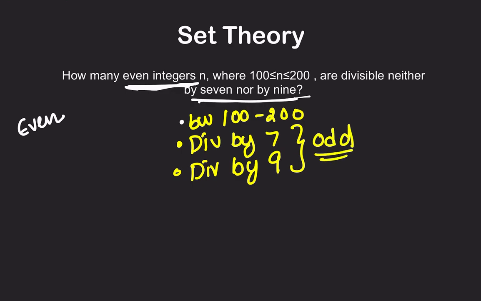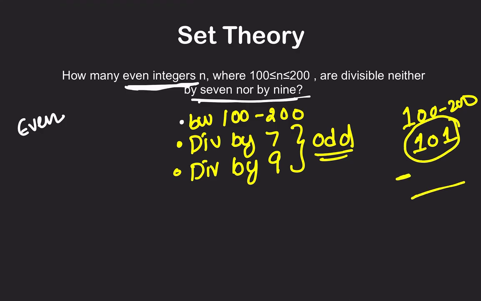If we remove all these from 100 to 200, which means 101 total numbers, whatever you get in the result will be all the integers we want.